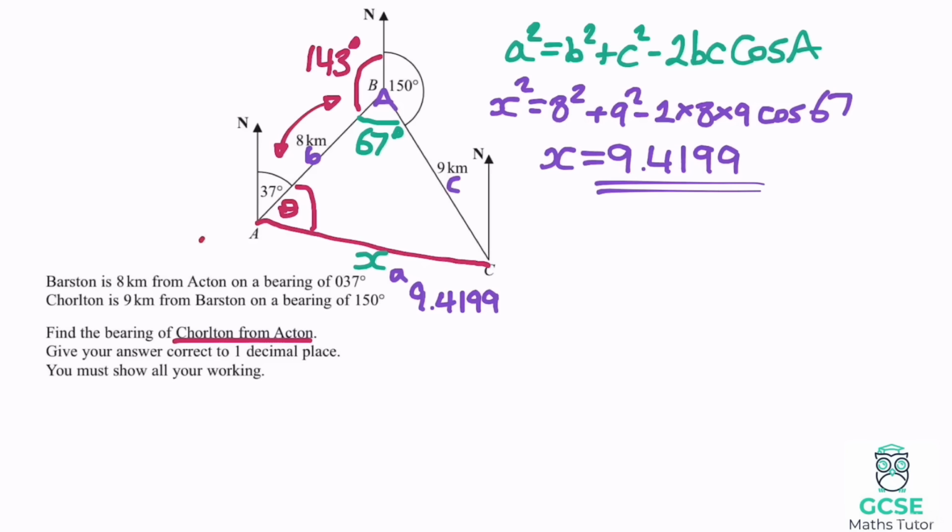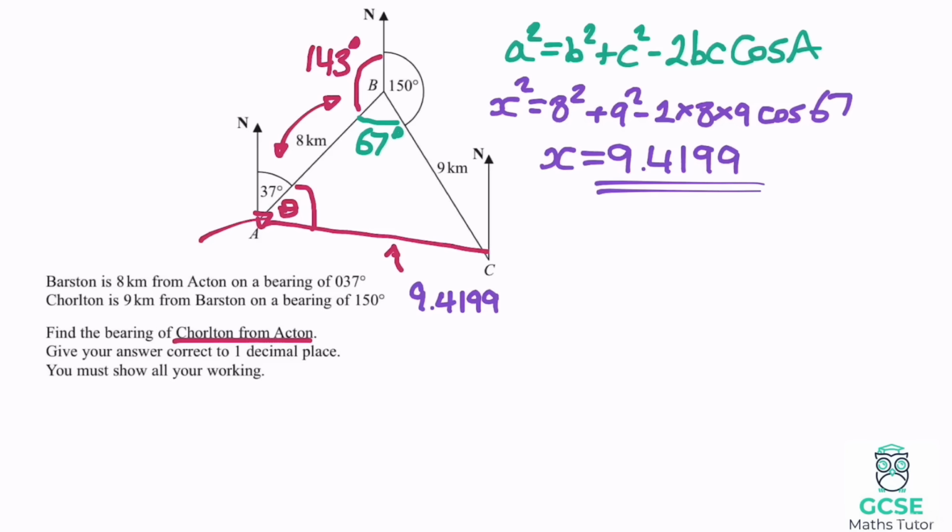Now we can actually use cosine rule for angles. So I want to work out this angle here, and I've got B and C either side now if I get rid of my A and B from the previous question. So let's get rid of that, and we're going to relabel all of this. I'll just draw that back in. There we go. So obviously now we know the length of this x here, we know that this is 9.4199, so we can get rid of everything else and work out this angle.